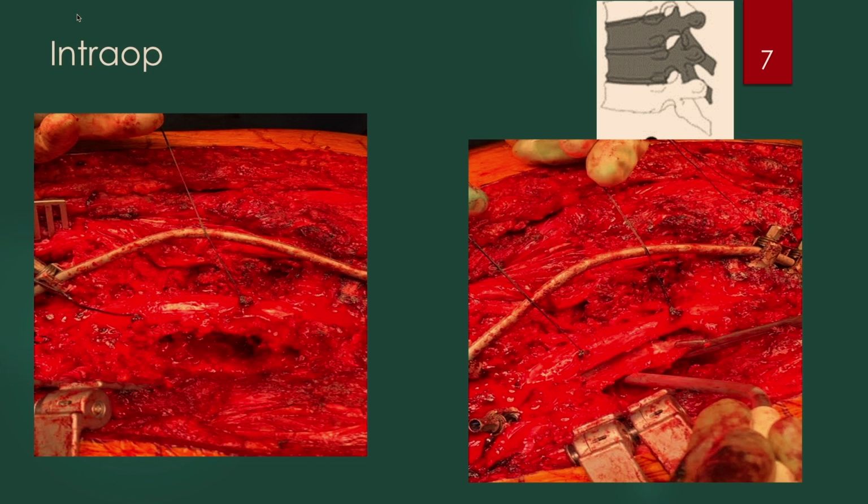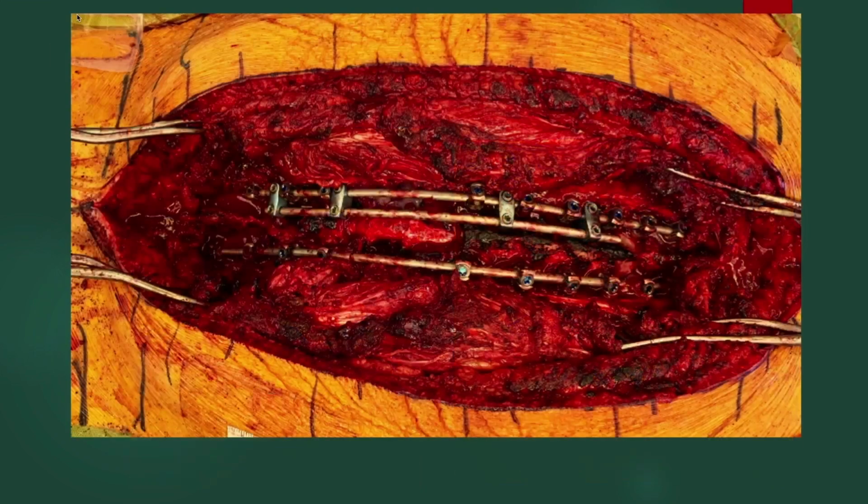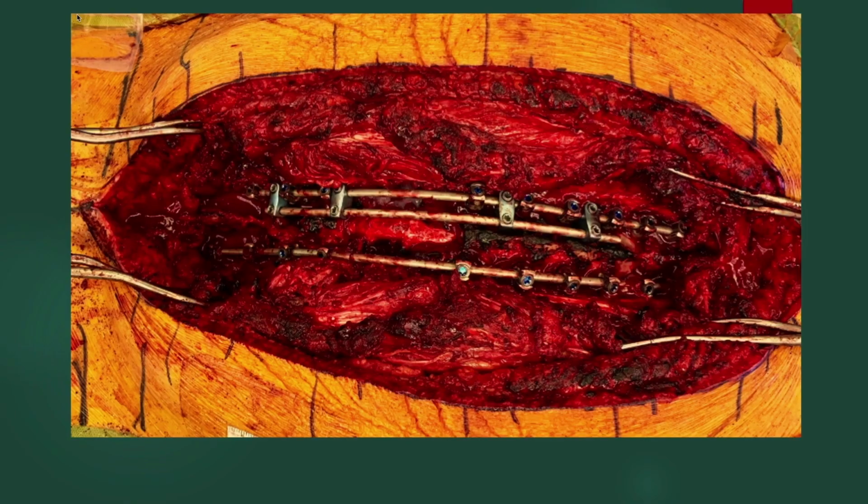And then this shows the posterior wall impaction and both cantilever and rod exchange correction to get our correction over a cage. So I think take-home points here, number 1, avoid over-shortening, so we actually corrected over a cage. Number 2, preserve roots whenever possible, particularly at the thoracolumbar junction where our blood supply is compromised.